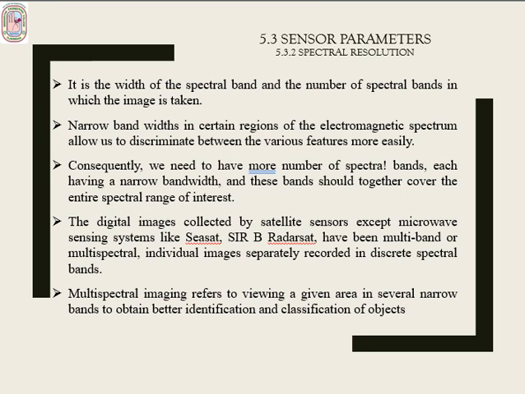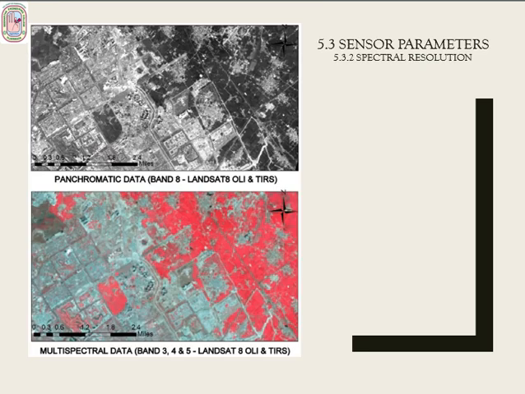For example, multispectral image refers to the viewing of a given area in several narrow bands to obtain better identification and classification of the objects. Here, the viewing of a given area means viewing the same spot with respect to several narrow bands, so that for the same spot you will get multiple spectral images.